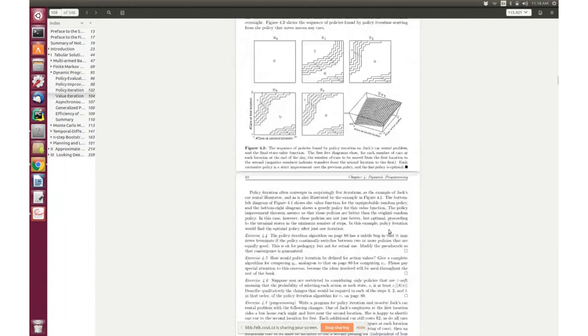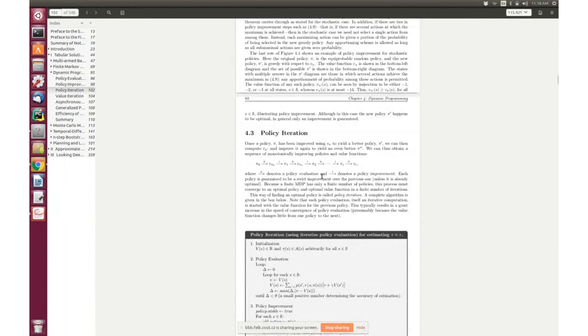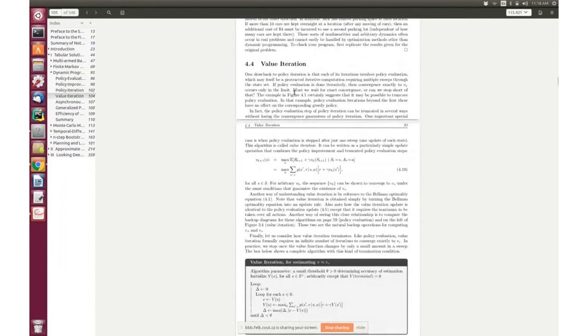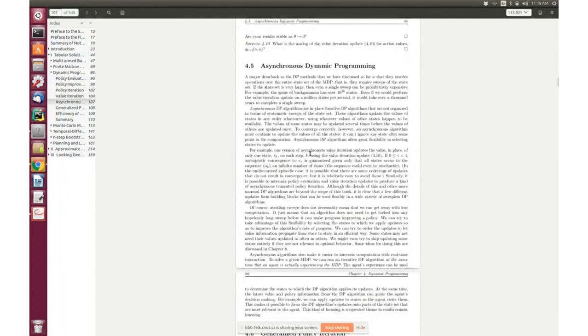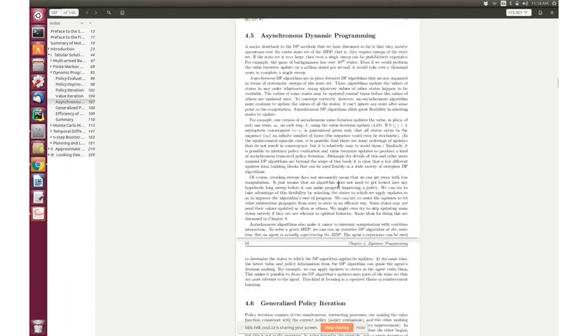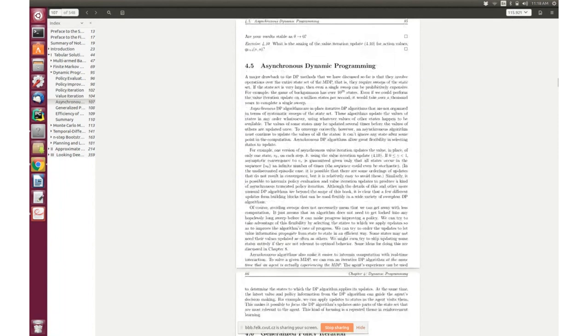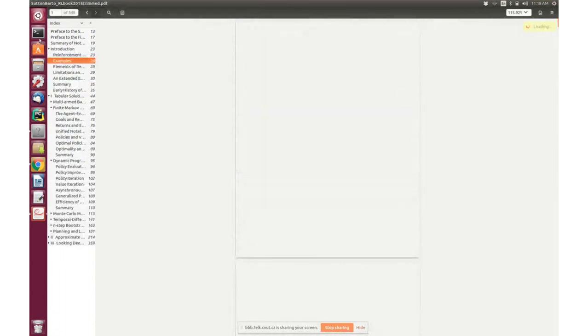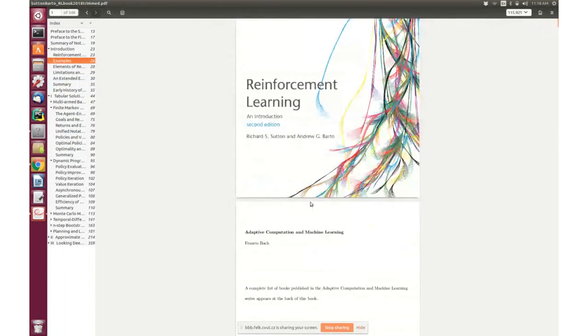And here's policy iteration, something we will do next time. And here is the value iteration. And this asynchronous dynamic programming is basically about what we just discussed right now, if you do these synchronous or asynchronous updates. Yeah, this is the book, and it's freely available for download.